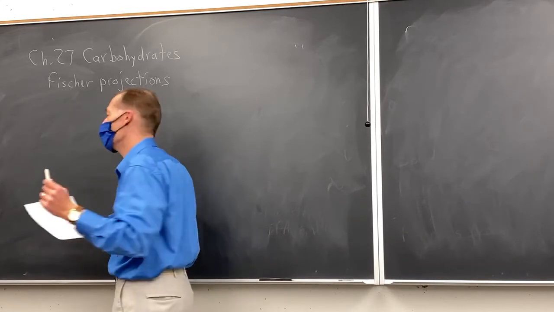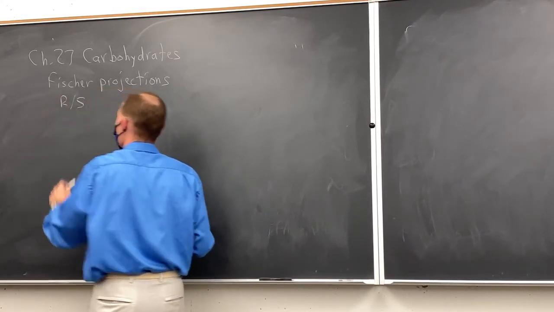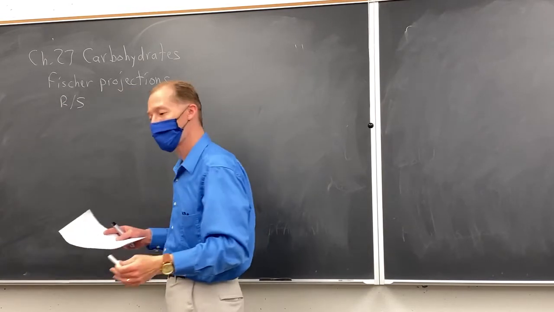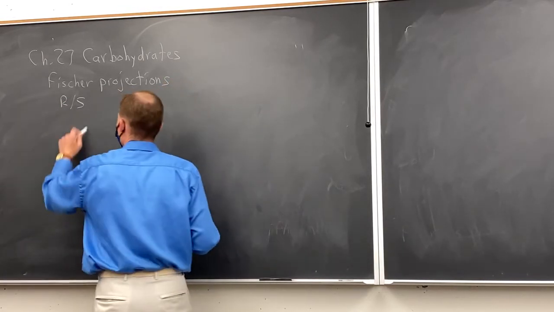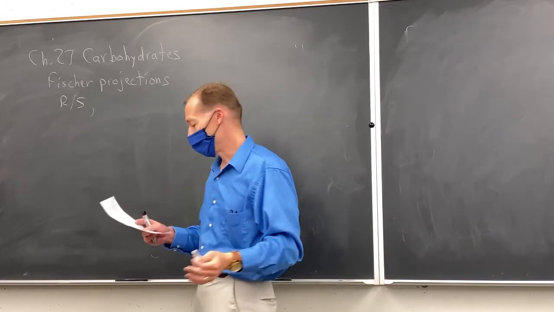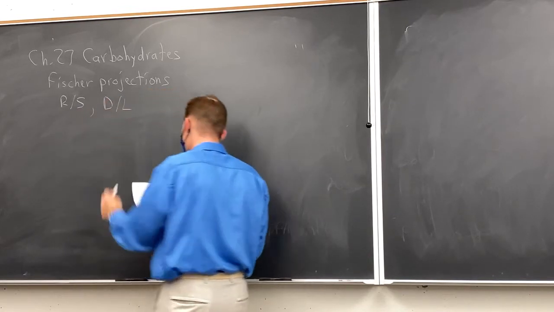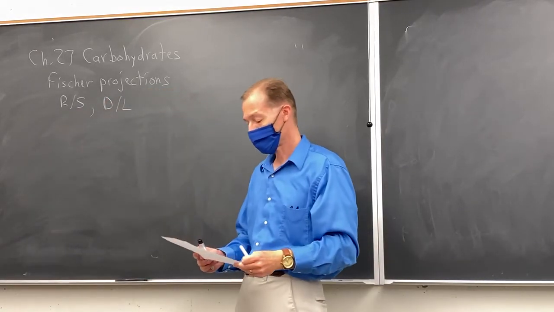You should be able to look at a stereocenter in a Fisher projection and determine if it is R or S. You should be able to look at a monosaccharide in a Fisher projection and determine if it is a D sugar or an L sugar.